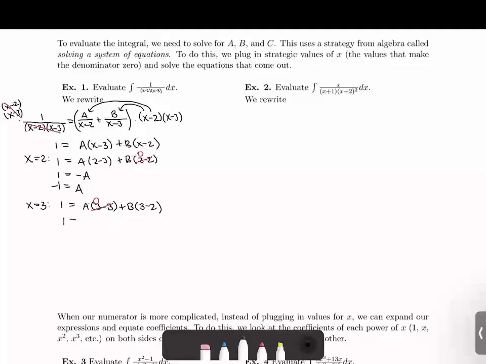So we just get the equation 1 equals B, because this is B times 1, because 3 minus 2 is 1. Now we have solved for A and B, so we can rewrite our initial fraction. So 1 over x minus 2 times x minus 3 equals, remember our A is negative 1, plus our B is positive 1.